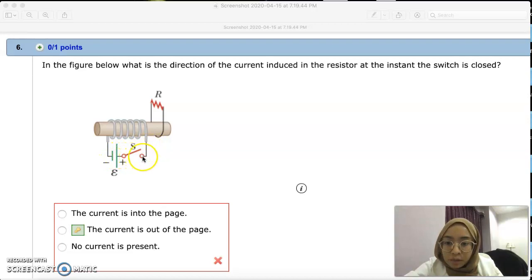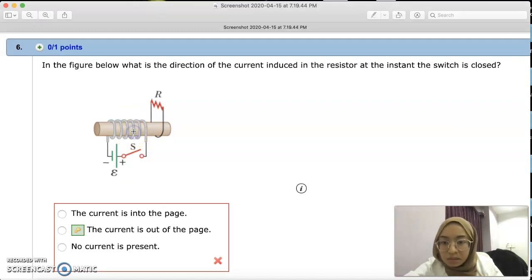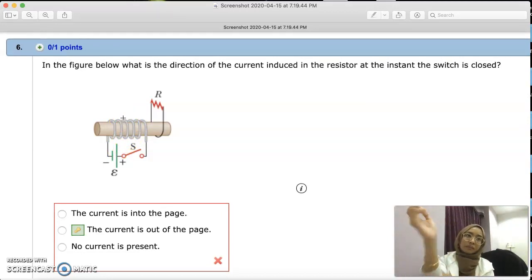Our current flows from here to here, it flows upward, and so on. So my point is, your current flows upwards in the front part of your solenoid.